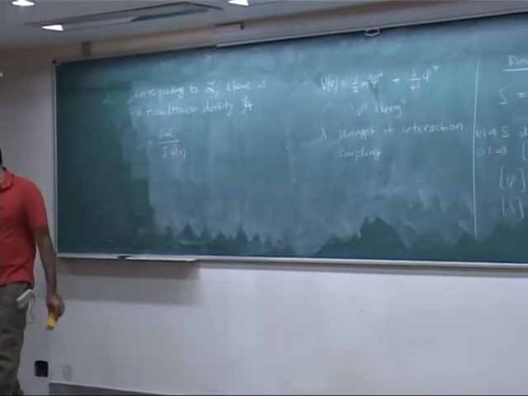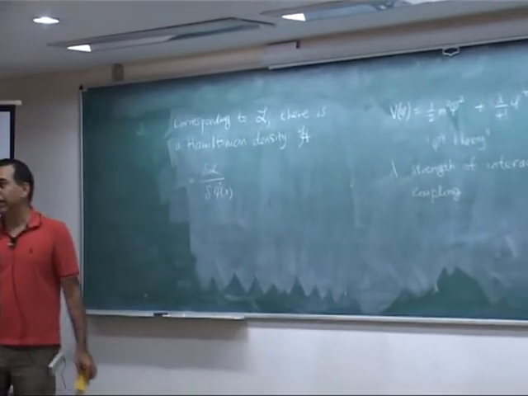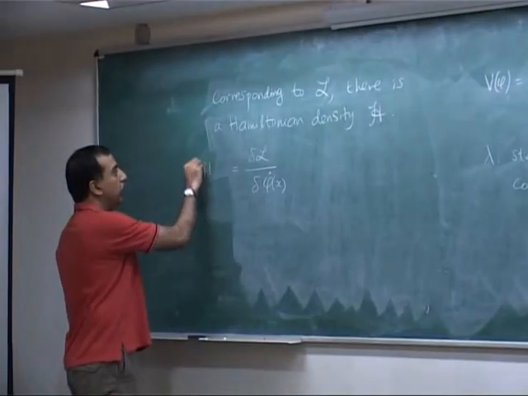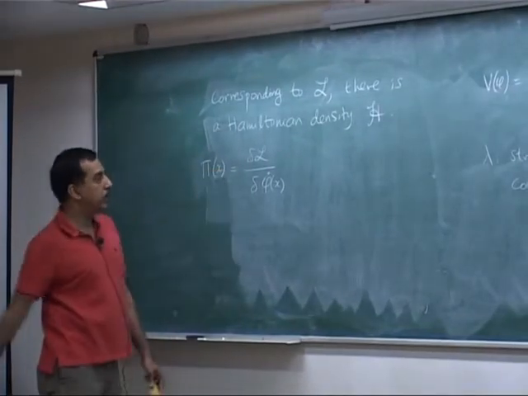This is how we would have found the canonical momentum of a particle in particle mechanics. So whatever we get, we'll call it pi of x.